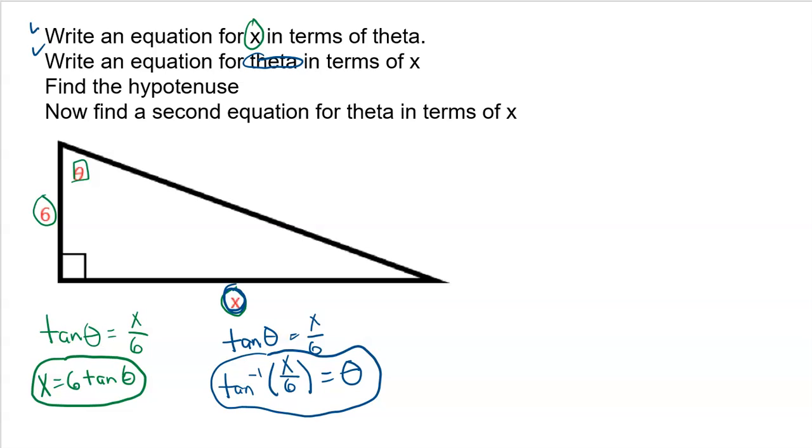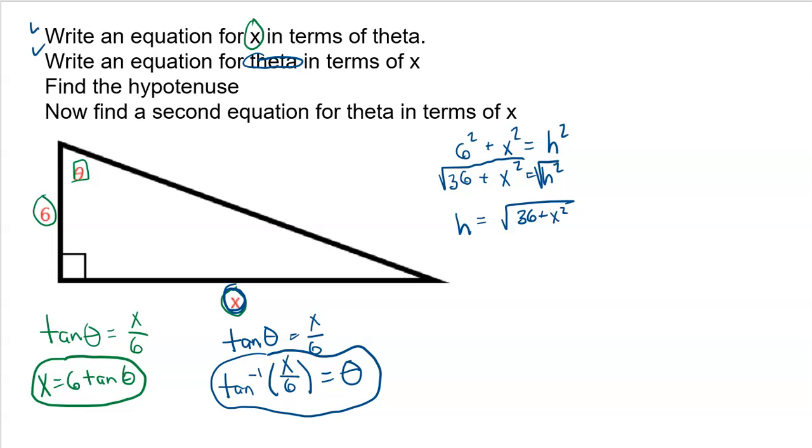So I just have to once again use the Pythagorean theorem. 6 squared plus x squared equals, I'll use an h for the hypotenuse, squared. So that's 36 plus x squared equals h squared. Take the square root of both sides, and h equals the square root of 36 plus x squared.